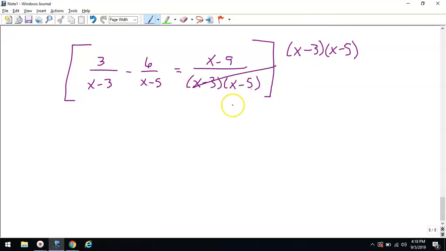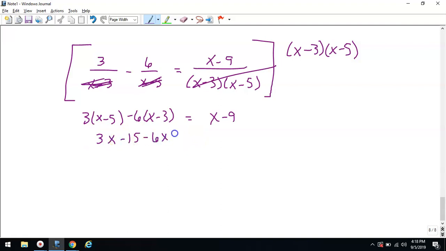On this side, the whole thing cancels out and I have x minus 9 is equal to, here, the x minus 5 cancels out, so I have minus 6 times x minus 3, and over here the x minus 3 cancels out, so I have 3 times x minus 5. Again we get a linear relationship, so distributing through, negative 6x plus 18 equals x minus 9.